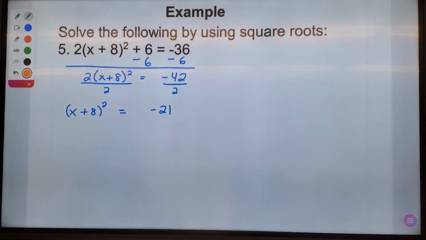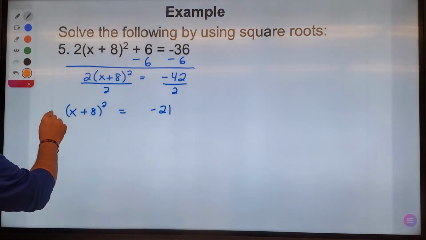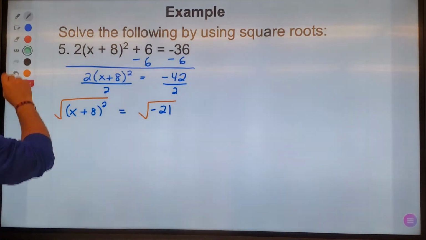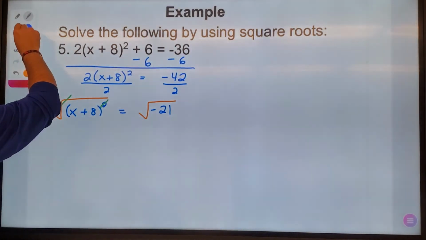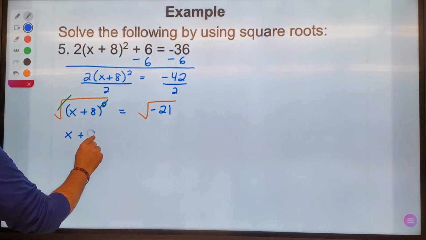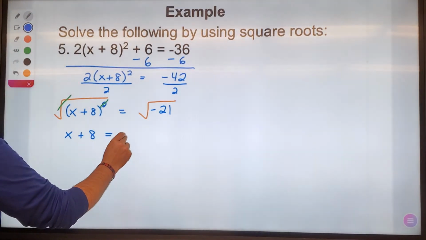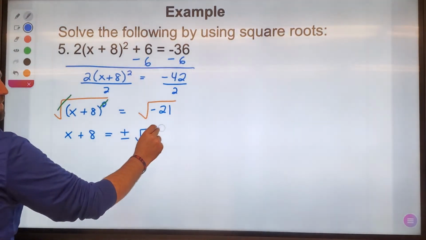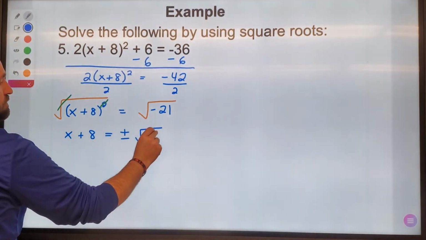I'm then again at that point where the squared expression is now by itself, so I can take the square root of both sides. Square root and square cancel. Again, I can then remove this from parentheses, so I have x plus 8 equals plus or minus the square root of negative 21.